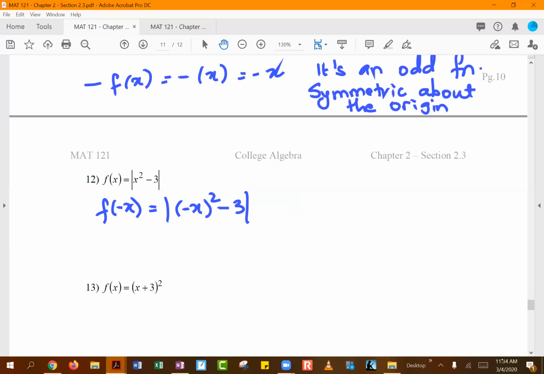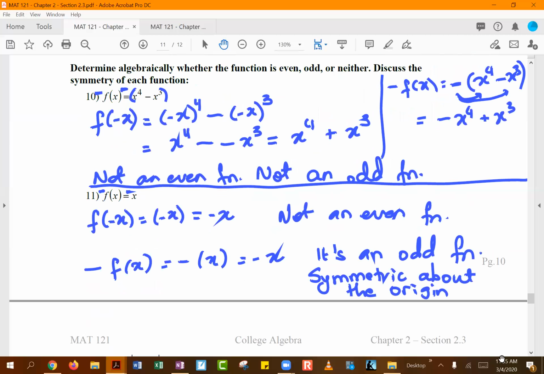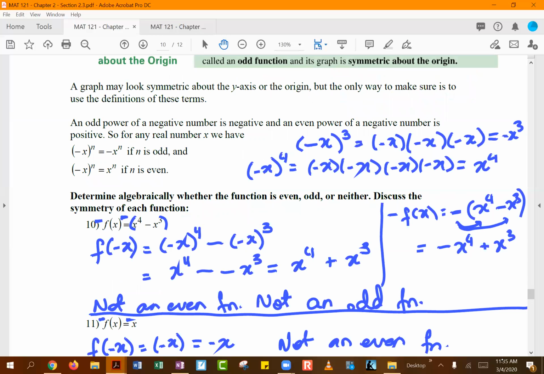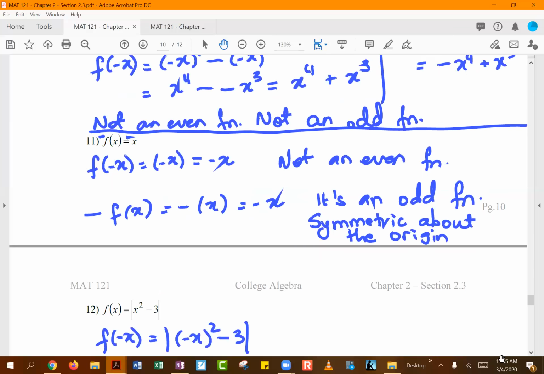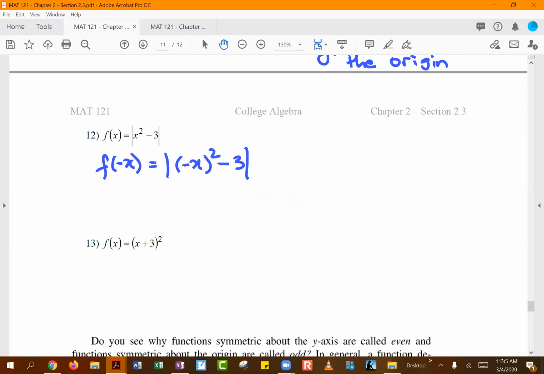There's a reason why I'm always putting my negative x in parentheses, so you remember that's the value replacing your original x. If I have negative x to the second power, you can go back and look at these rules. If it's an even exponent, what happens to your x? It becomes positive. So that's what you're going to use here, which means the negative x to the second power will become positive x squared minus 3.